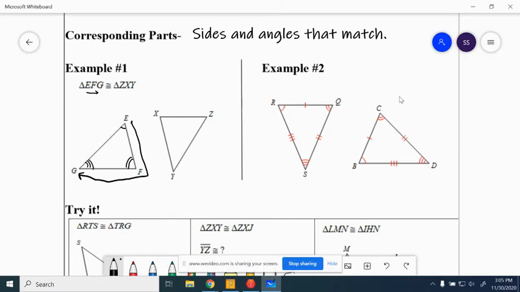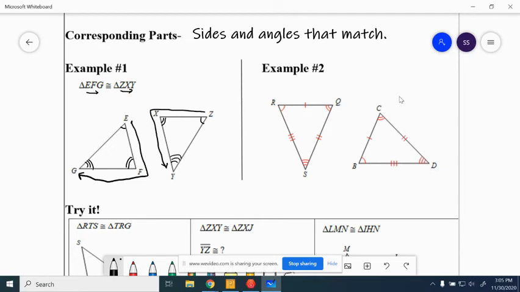So when we go over to our congruent triangle over here, we're going to do the same thing. Z is our starting point, and we're going to go Z to X, then down to Y. And so Z is our first, X is our second, and Y is our third.